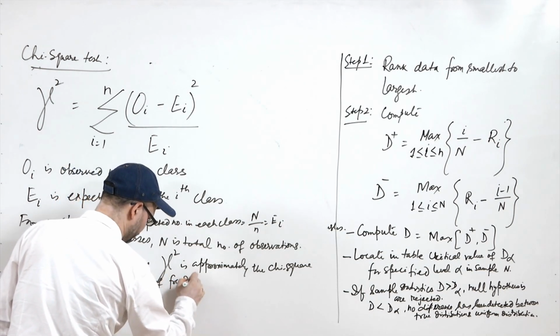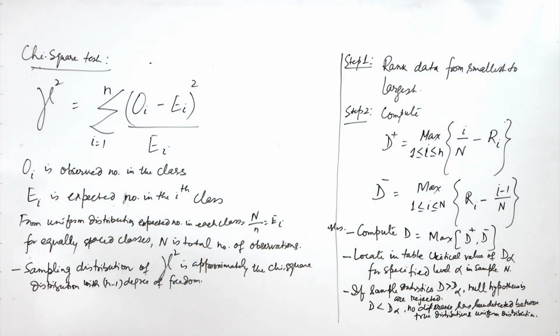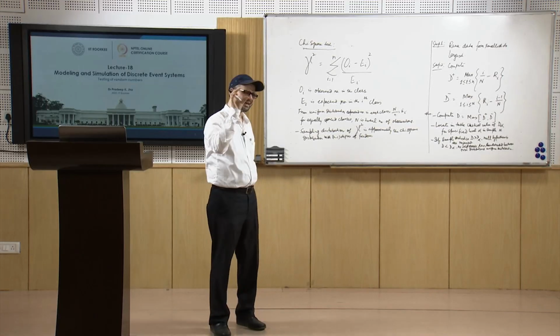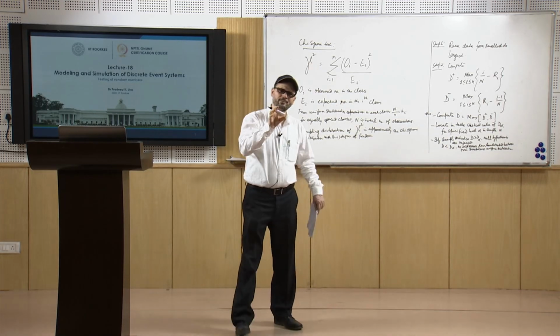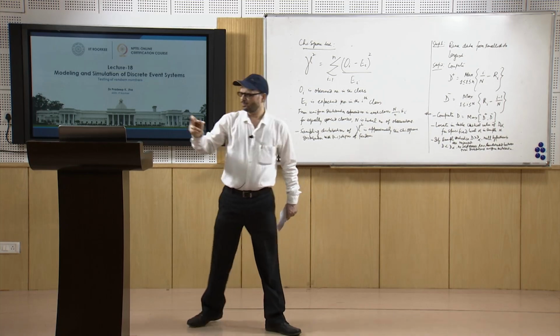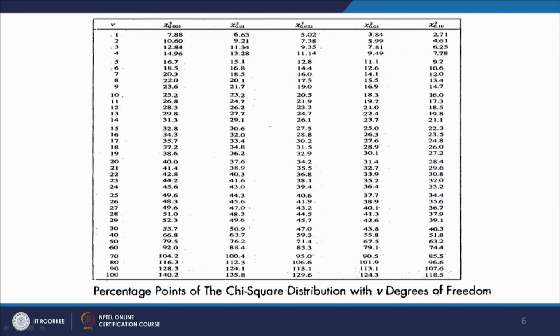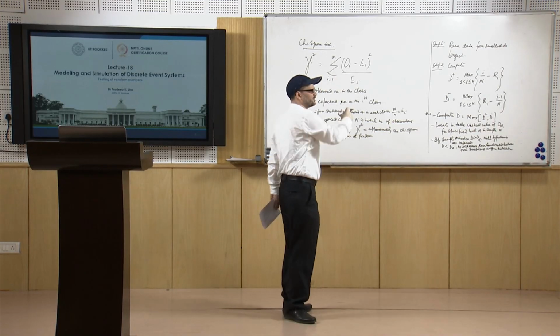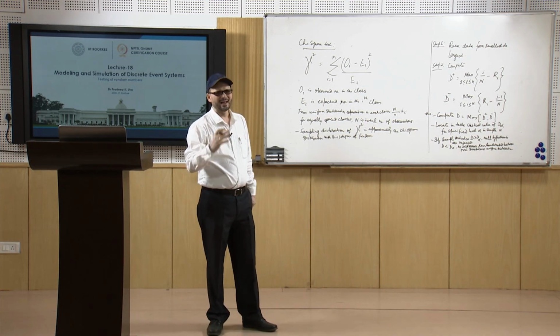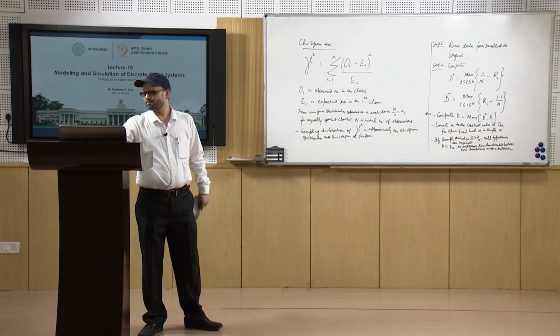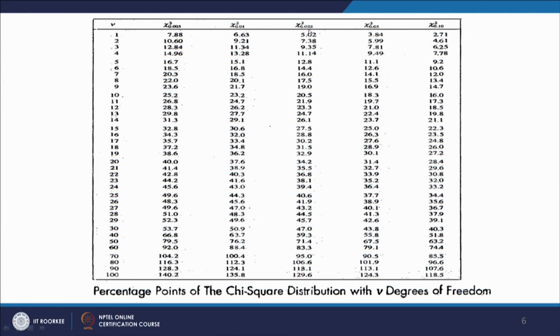So, it is assumed to be with n minus 1 degrees of freedom. Once you get this chi-square value, it will be compared with the value from the chi-square distribution with that degree of freedom. Against the number of intervals, the degree of freedom is n minus 1, and for a particular alpha value you find the chi-square value.